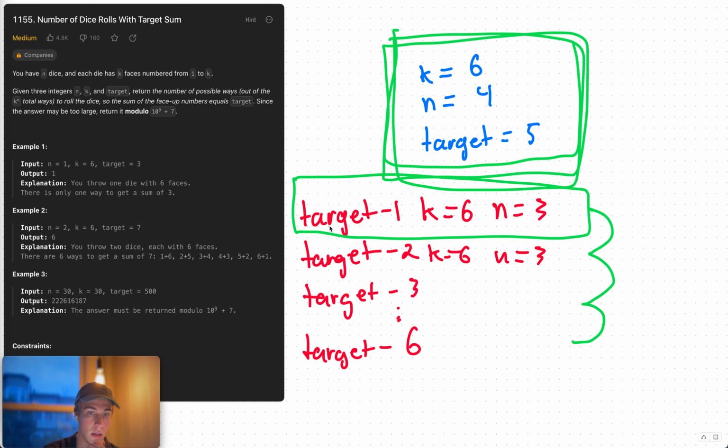Why does this make sense? Well, if we have a 6-sided die and we want a target 5, then a way to get that target 5 with 4 dice would include the number of ways to get the target 4 with 3 dice, plus that one time that the die rolls a 1.